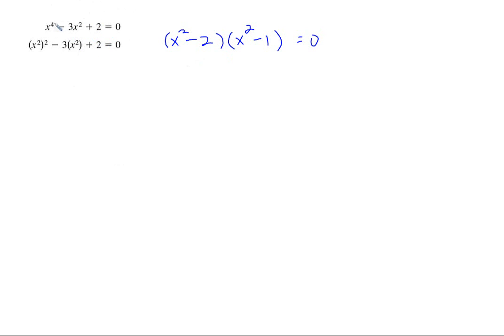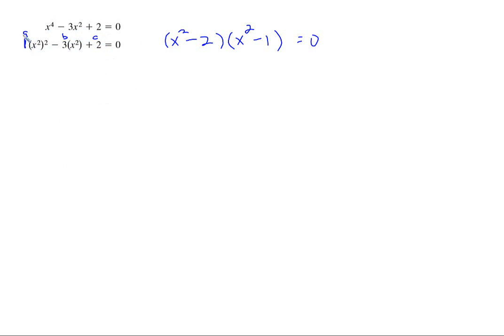You notice this x to the 4th and this x squared. If you make this x squared to the 2nd power minus 3 times x squared, this is the same thing as this. Now what you've done is make this into a quadratic, where here's your A, your B, and your C.